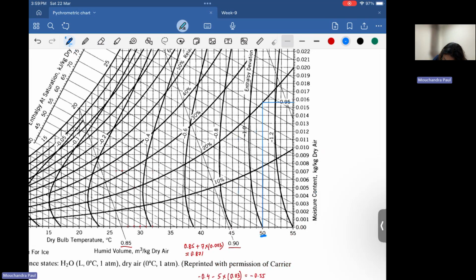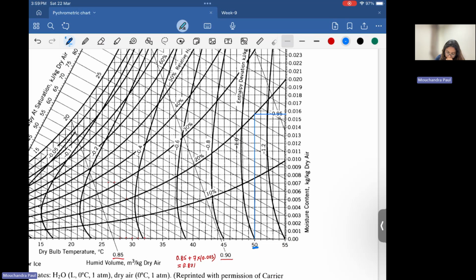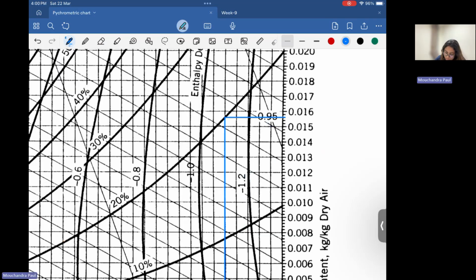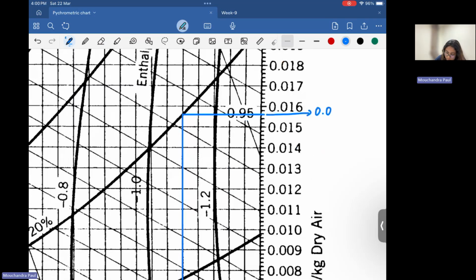The amount of moisture at absolute humidity at this condition, this point is approximately close to 0.01575.